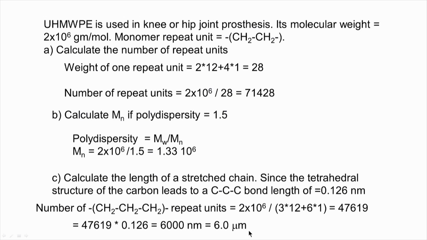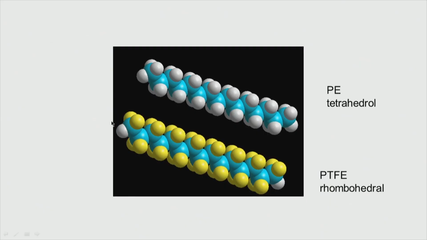Okay. So, look at it, polyethylene forms a tetrahedral structure, whereas if you look at polytetrafluoroethylene, there are no hydrogens, only fluorine, fluorine, fluorine. So, you have CF2, CF2, CF2 connected together, it forms a rhombohedral structure, whereas polyethylene, which has got CH2, CH2, forms a tetrahedral.